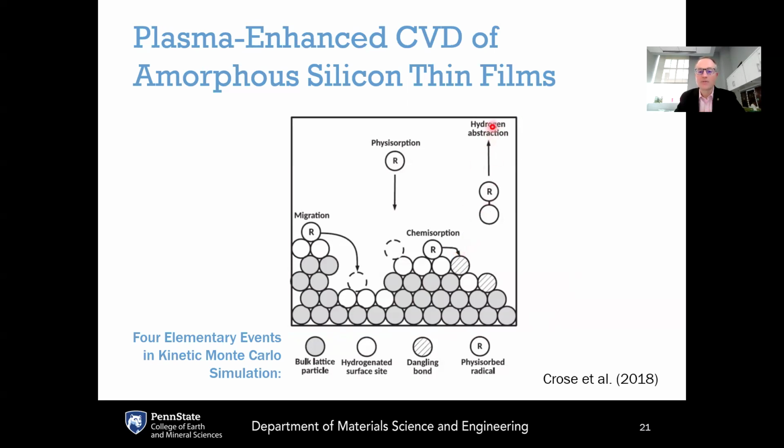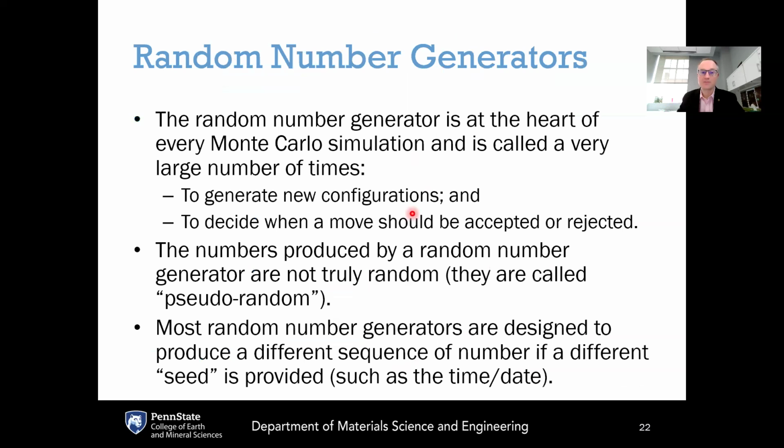Or you can have release of the atom from the growing thin film, in this case going from the thin film into the gas. So all of these are events that can occur. They all have their associated barriers. And using kinetic Monte Carlo, you would randomly go through and show how these amorphous silicon thin films are grown through this random combination of all of these events.